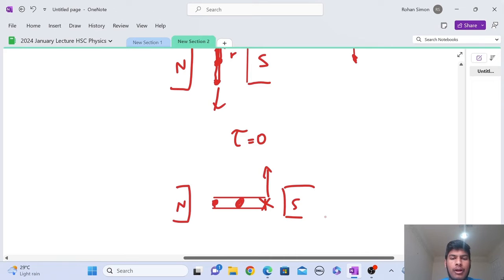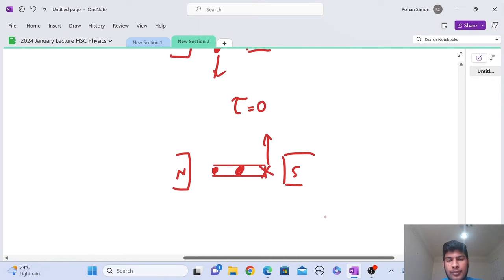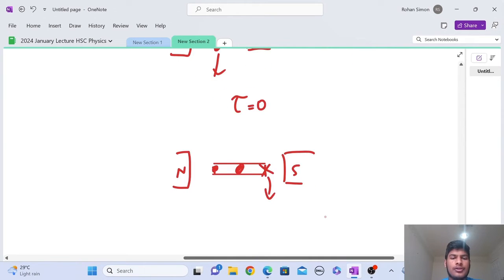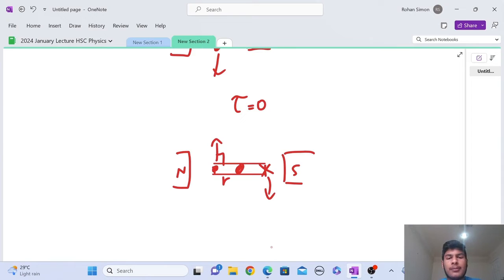Force would be, by right hand rule, going down like this, up like this. This distance here is perpendicular. The force is perfectly perpendicular to that distance, and therefore it has the maximum magnitude. So the torque is maximum at this position.